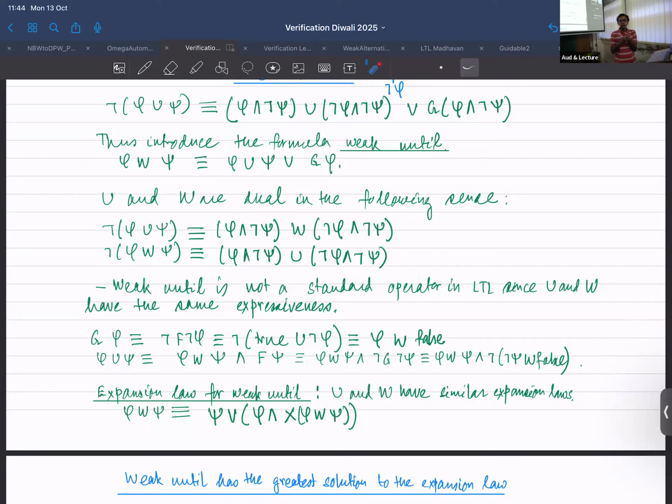And this can continue forever. Or it can be the case that at some point of time, phi stops holding and then psi is not occurring, right? So this is like phi and not psi, weak until not phi and not psi. So this can also continue forever, right? So in that case, it violates the phi until psi property.